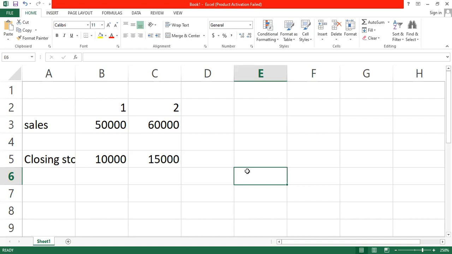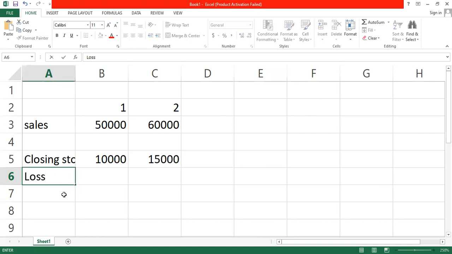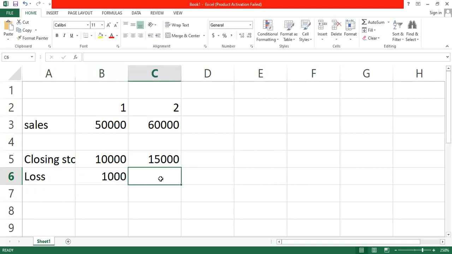75,000. Right. But here is the case, we are saying that in the process of production, we are making provision for a normal loss of 1,000 for product 1 and a normal loss of 5,000 for product 2. So if this is the case, how many quantities do we have to produce for month 1? So that we sell 50,000, we have a closing stock of 10,000, and there will be a normal loss of 1,000.